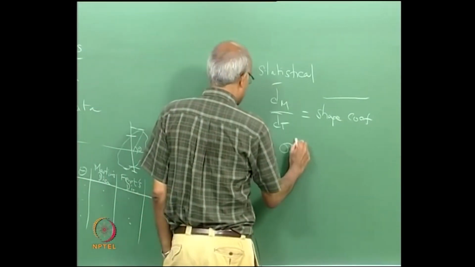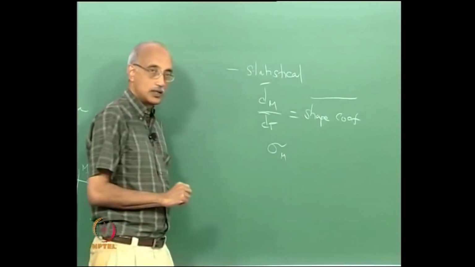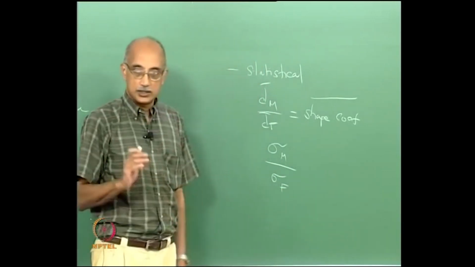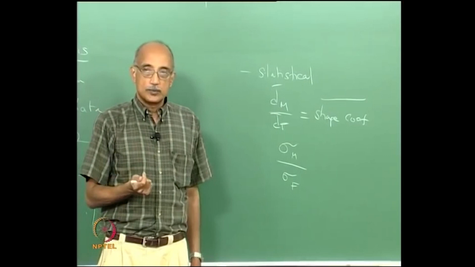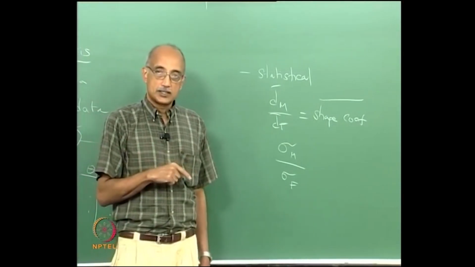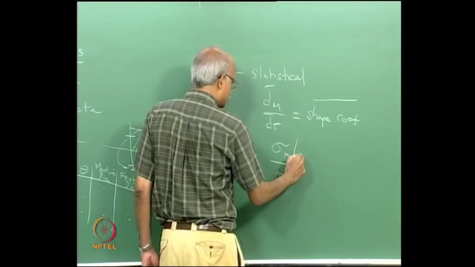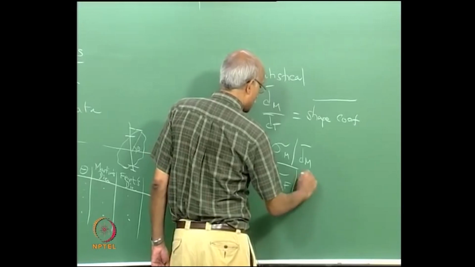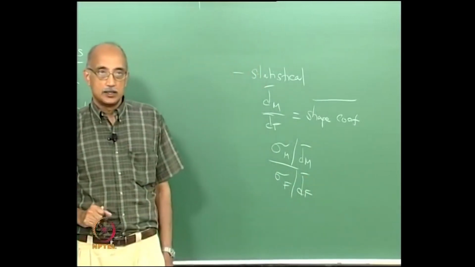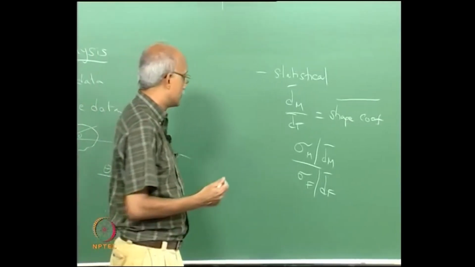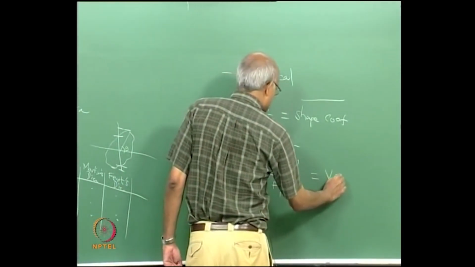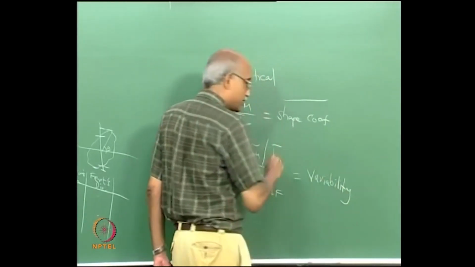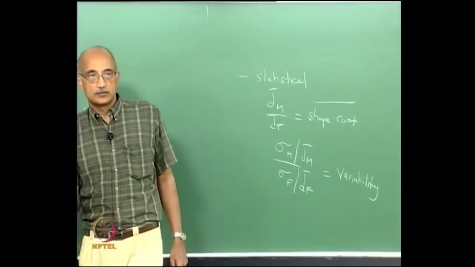So the sigma values in the Martin's diameter and the sigma values in the Feret's diameter, which are the standard deviations, can also be taken into account, and typically that is done by dividing these by the representative mean diameters to give a variability coefficient. So this gives you a representation of variability as measured in particle shape as a function of theta.